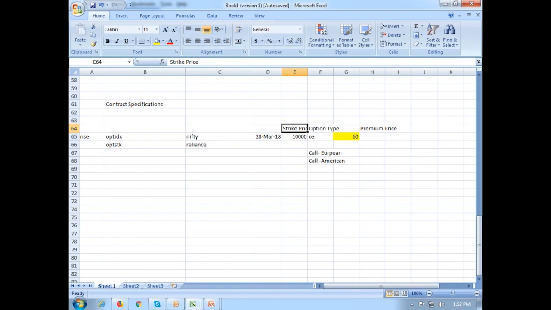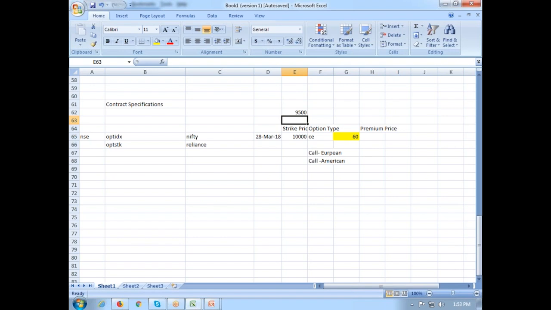Sir, why? Why do you want to buy Nifty at 10,000 by paying a premium of 60 rupees while Nifty itself is running at, let's say, 9980? Or let's say 9500. If I buy Nifty at 9500, my downside and my upside are both kind of unlimited.